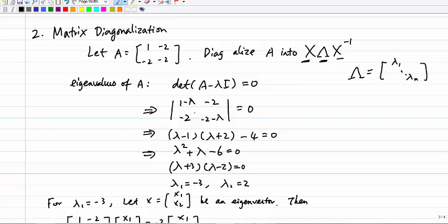For a 2 by 2 matrix, the determinant is the product of the diagonal entries minus the product of the off-diagonal entries. You clean up a little bit, and you have lambda squared plus lambda minus 6 equals 0, which I can write as lambda plus 3 times lambda minus 2 equals 0. So I have two solutions: one is -3 and one is 2.